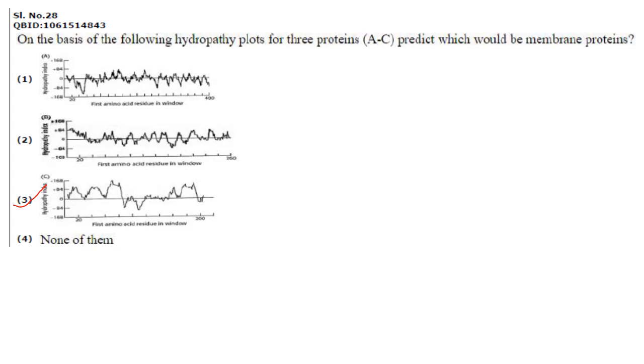Next one, on the basis of the following hydropathy plots for three proteins A to C, predict which would be membrane protein. So this is the hydropathy index, and this is the first amino acid residue in the window.